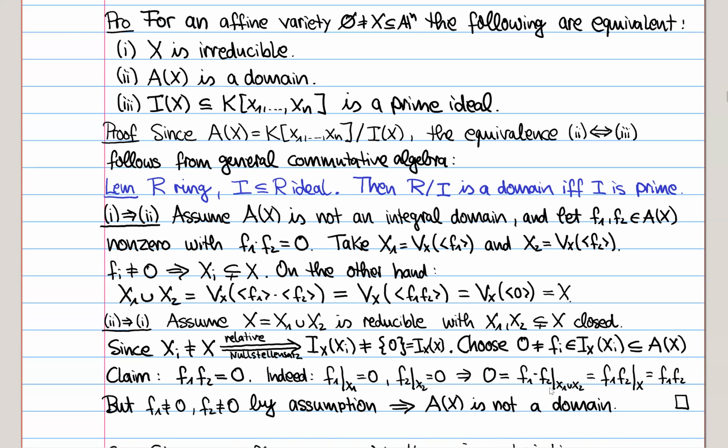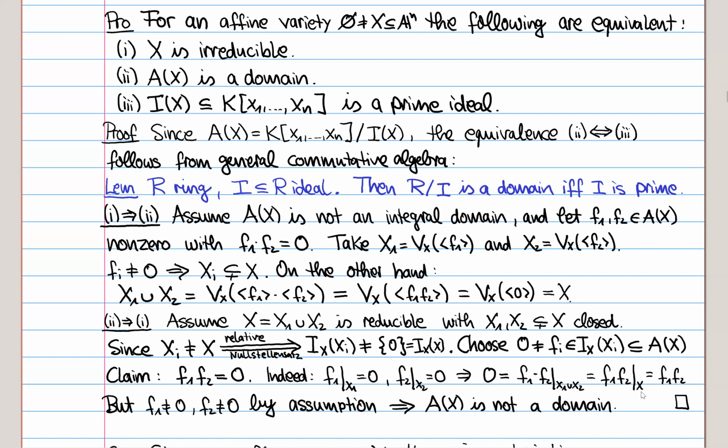And so if you take the product, the product of two functions is zero exactly on the union of the vanishing loci of these functions. In particular, this product is zero on the union X1 union X2. But now we look back at our assumptions, and these were exactly the sets that cover X. So this function is zero on all of X.